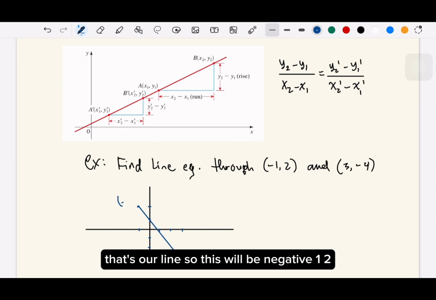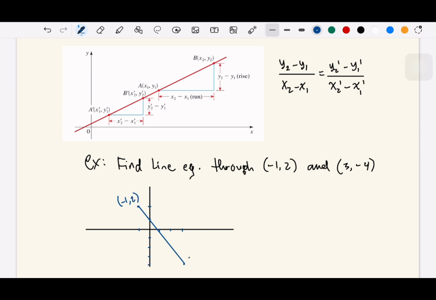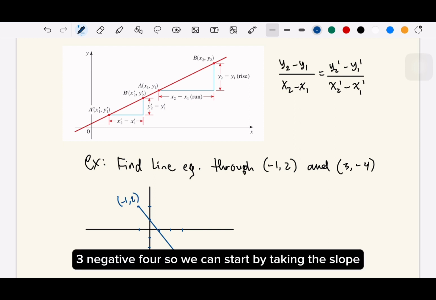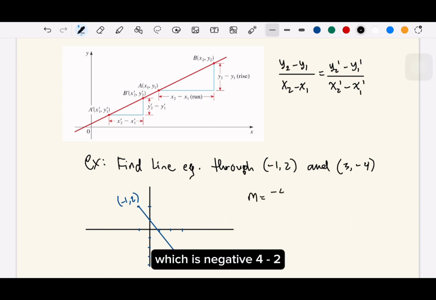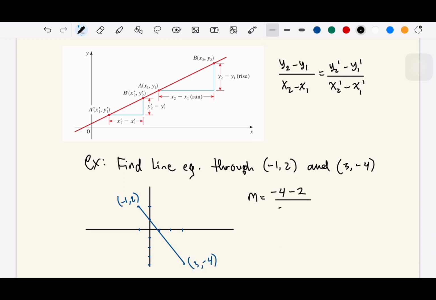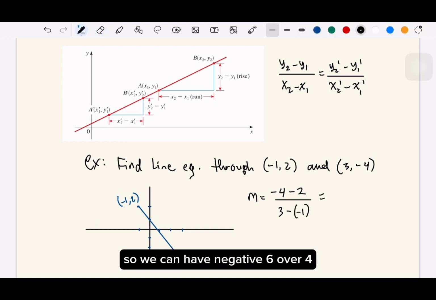We can start by taking the slope, which is -4 minus 2 over 3 minus -1. So we have -6 over 4, which is -3 over 2.